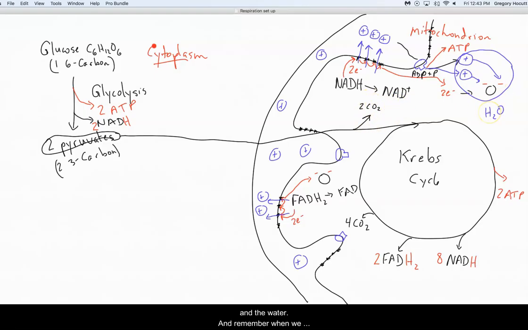And remember, when we talked about respiration versus photosynthesis, photosynthesis takes these inorganic molecules, the CO2 and the H2O, and uses the energy of the sun to break their chemical bonds, rearrange the molecule, and build sugar, glucose.